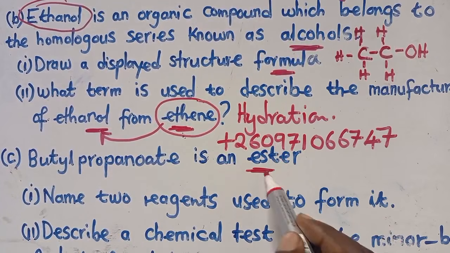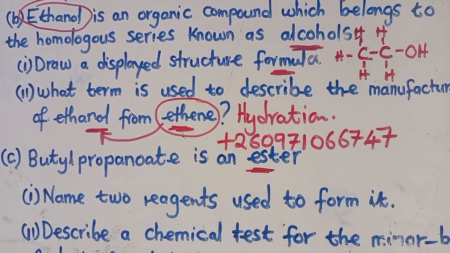For an ester to be formed, we need an alcohol to react with a carboxylic acid. When an alcohol reacts with a carboxylic acid, we form an ester. So they're asking us to name 2 reagents that are used to form it.